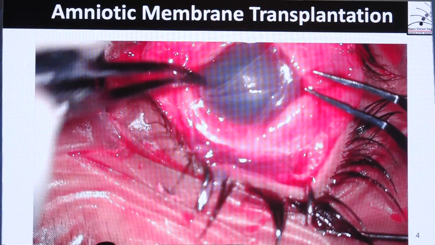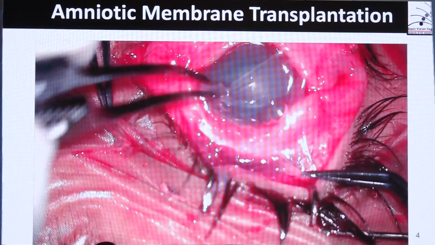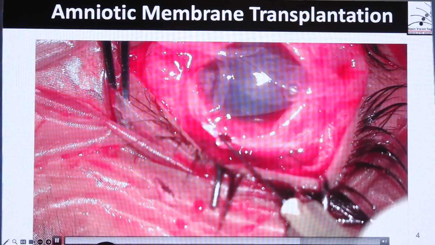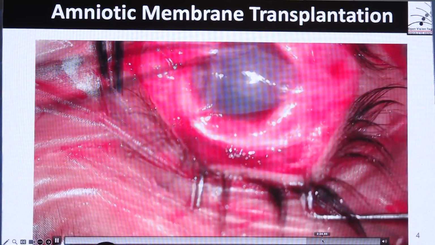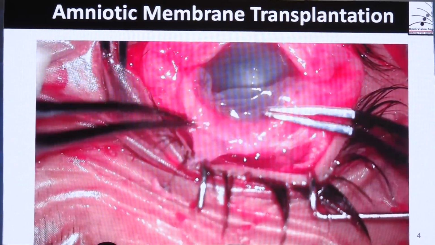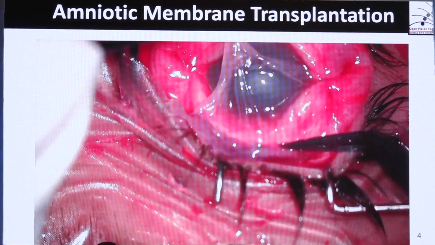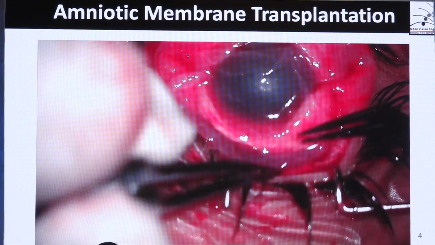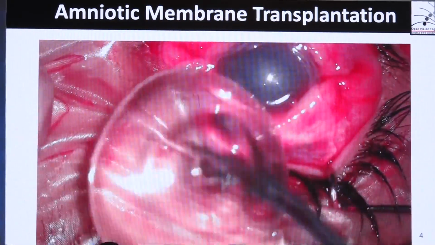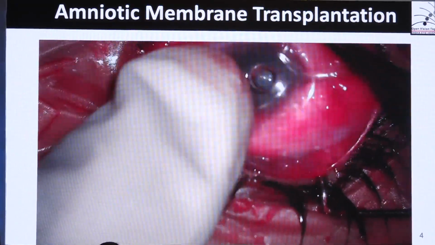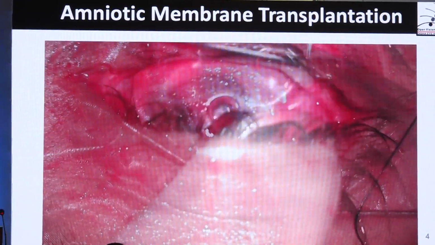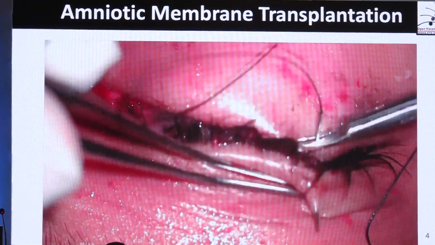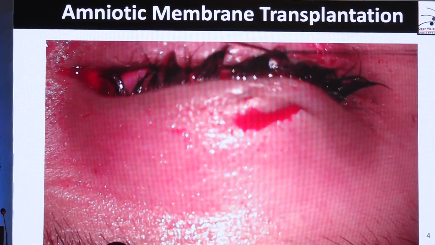So here, for the superior layer, I am just putting this fibrin glue, and then putting this conformer so that it will allow adherence of the amniotic membrane over the fornix. And in children, you should always put a suture tarsorrhaphy, and that should be removed after 2 to 3 weeks' time.